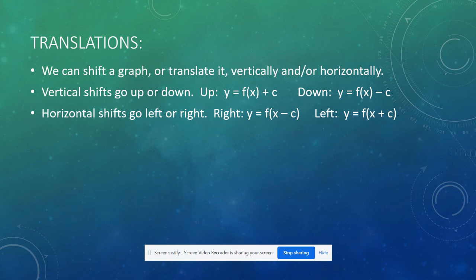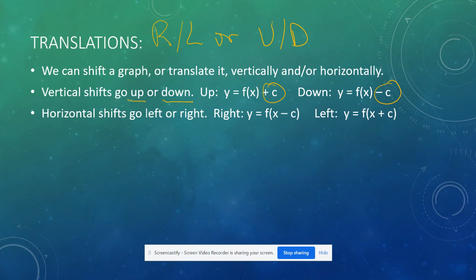The last part of our transformations that we're going to talk about are translations. So translations are moving right, left, or up, down. We go up or down when we're adding something on the outside.